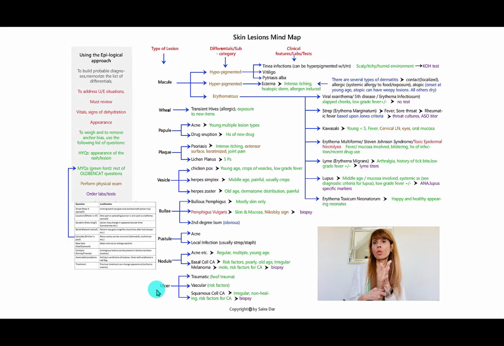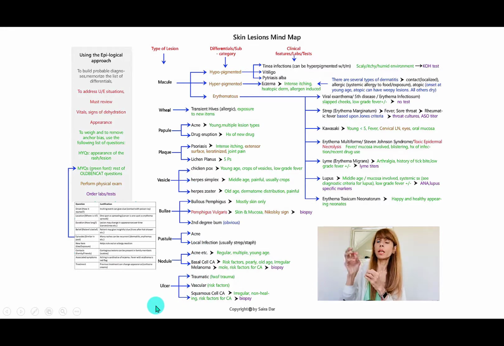Next to each individual skin lesion is the differential diagnosis, and again you can see those are key differential diagnoses that are associated with these skin lesions, and we will look at all of them in more detail as we move along.